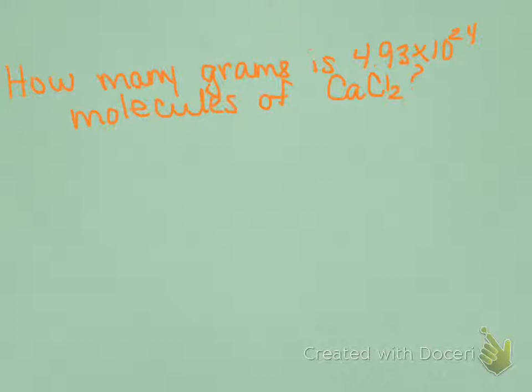Okay, this problem says how many grams is 4.93 times 10 to the 24th molecules of calcium chloride. Okay, so first of all, my given is 4.93 times 10 to the 24th molecules.